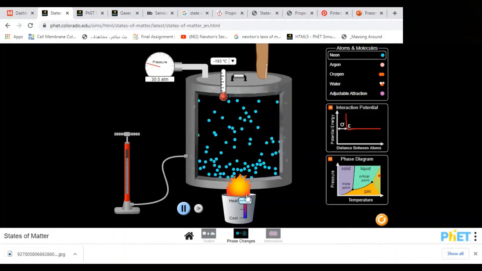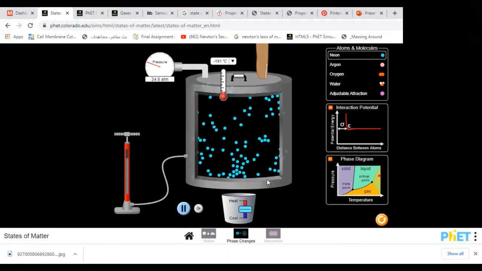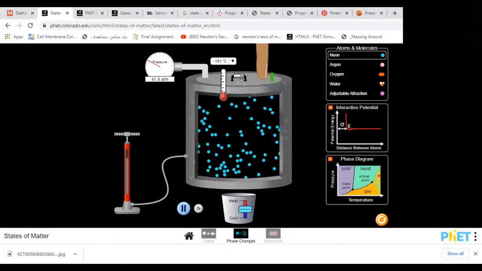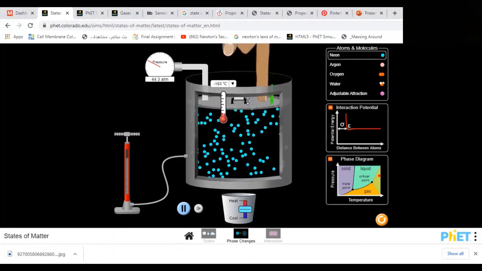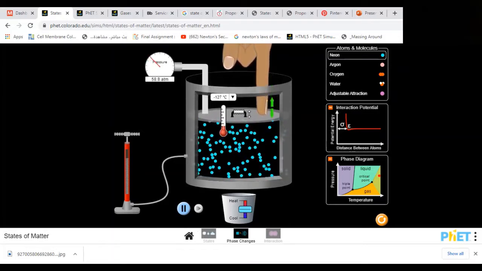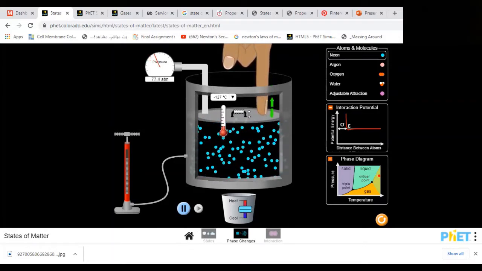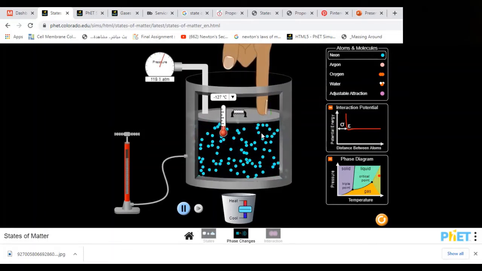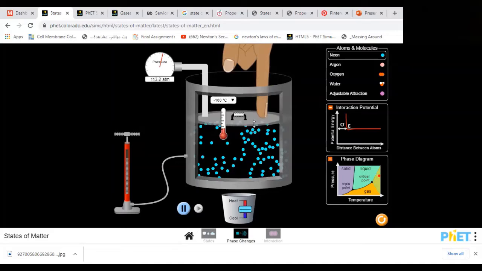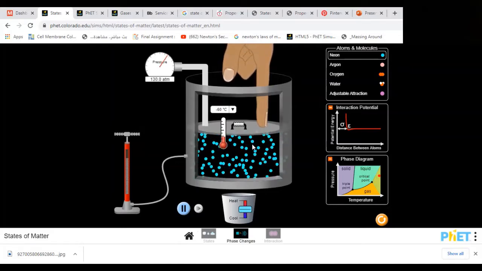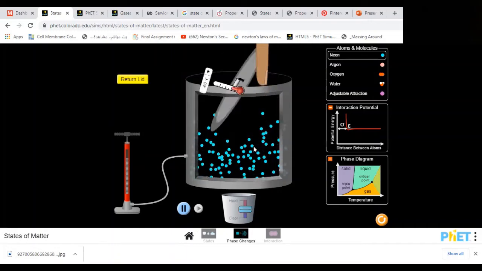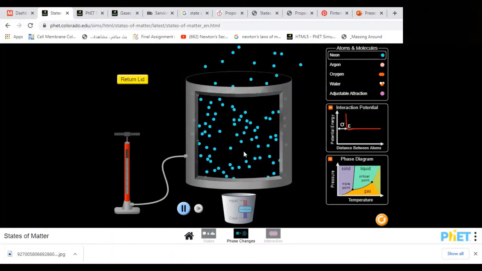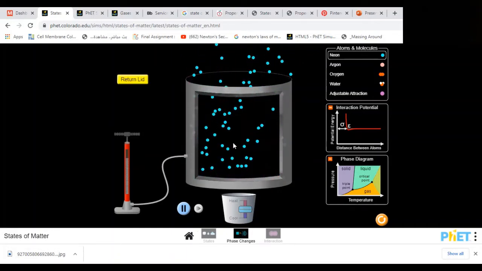Okay, now can you see here the gas is all over the container, right? If I squeeze or compress them in a smaller volume, it still fits. Why? Because there are very large spaces between them, even more and more. So gases are compressible because there is a large space between the particles. Whatever happened now, you will explain it later.